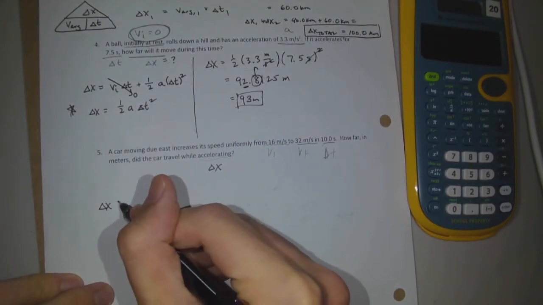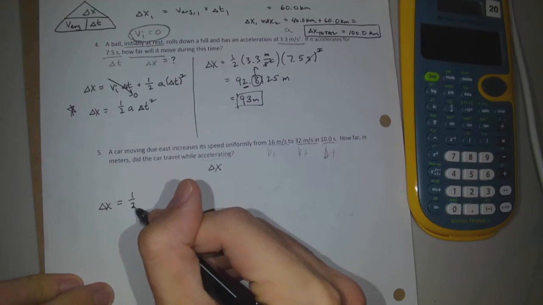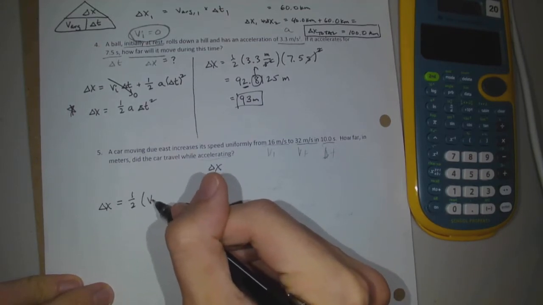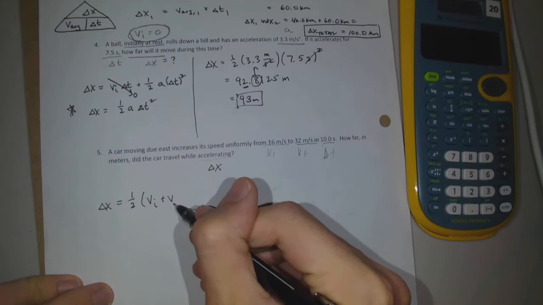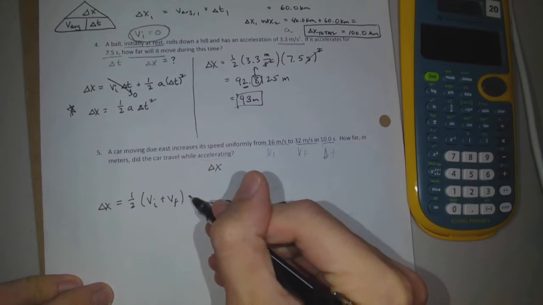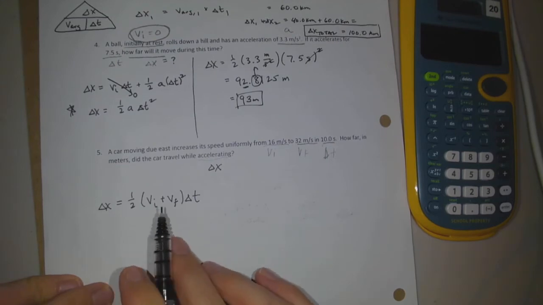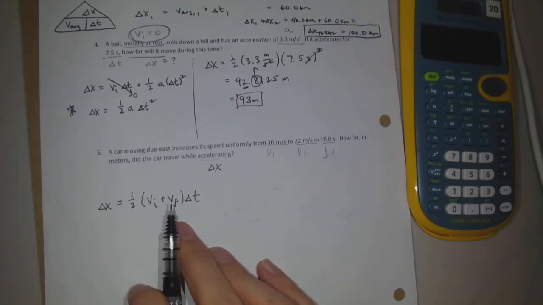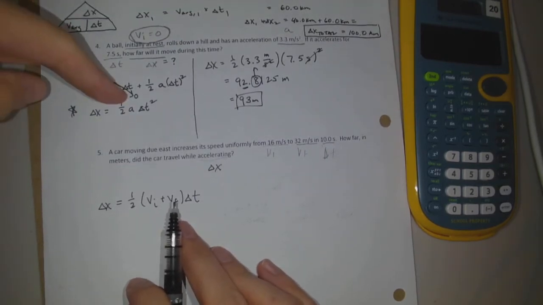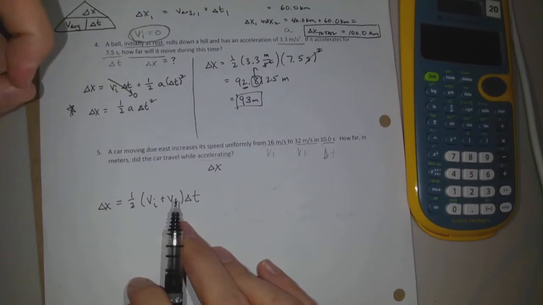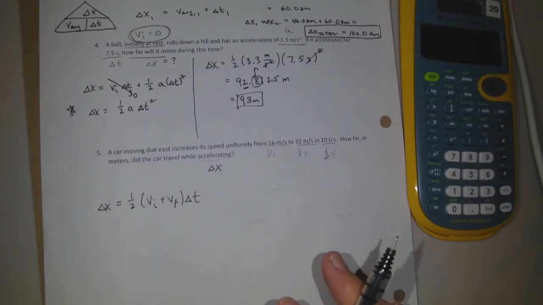Your displacement is equal to the average of your initial and final velocities times how long it took. This is only true for uniform acceleration. For this entire class, with the exceptions of like graphs and when we mention it, we're dealing with uniform acceleration, constant acceleration.